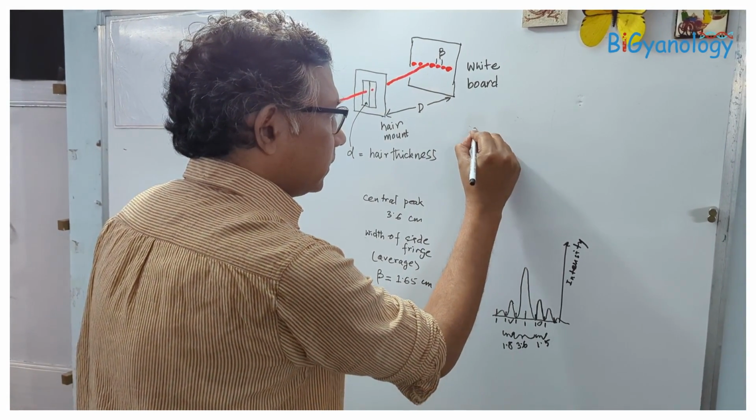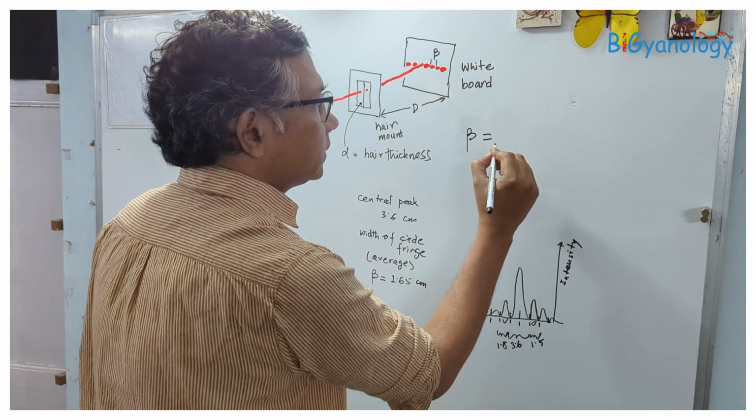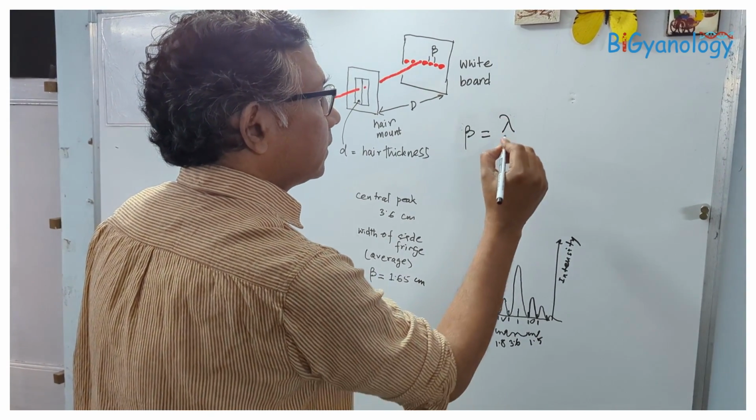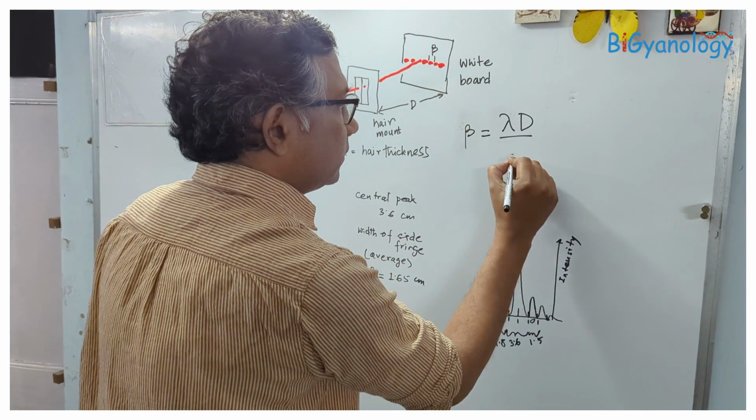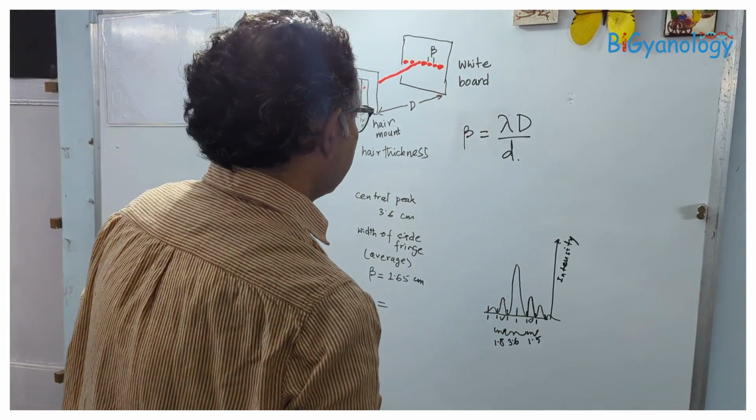The formula is beta equals lambda capital D divided by small d.